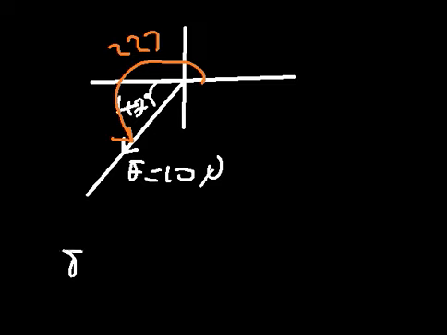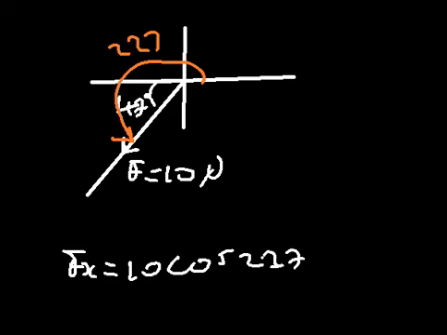So now have Fx being given as, without thinking about what would be positive or negative, we just punch the calculator. The answer will be right on its own from the calculator. So Fx is 10 times cos 227 degrees. No matter whether the angle is against the x-axis or y-axis, the principle has to be that way.